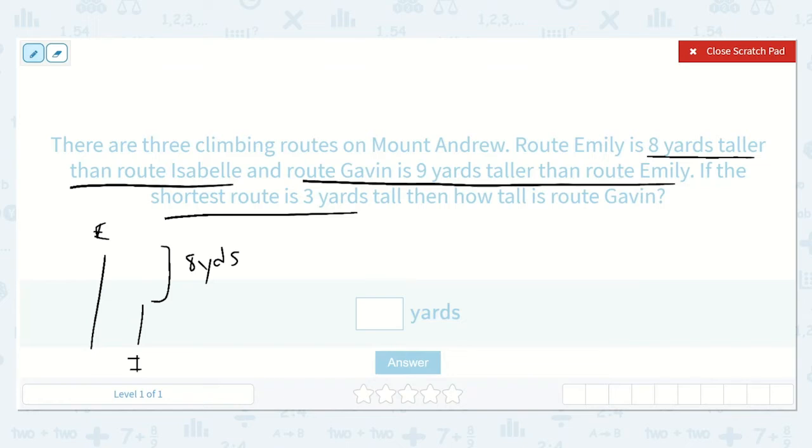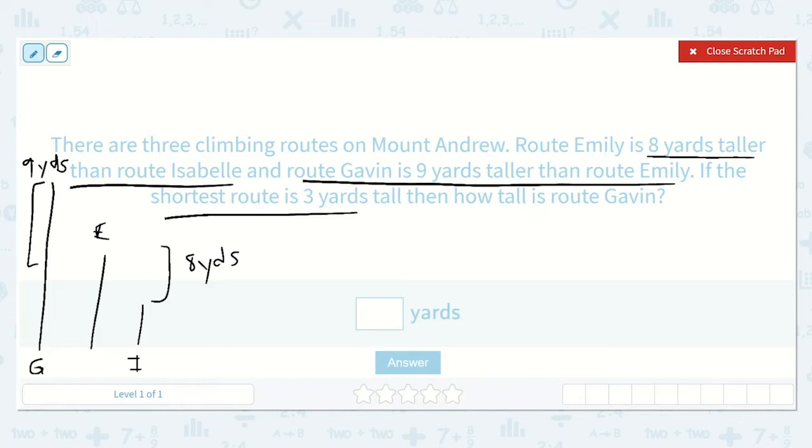Route Gavin is 9 yards taller than Route Emily, so this one's going to be really tall, because this one is G for Gavin, and that is 9 yards taller than Route Emily. So we know 9 yards taller than Route Emily.